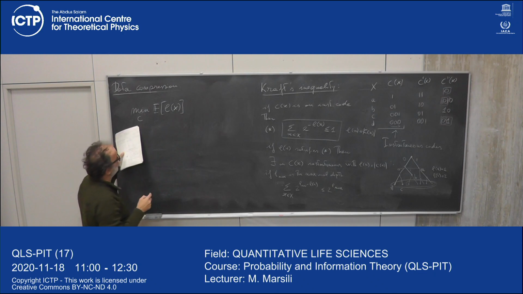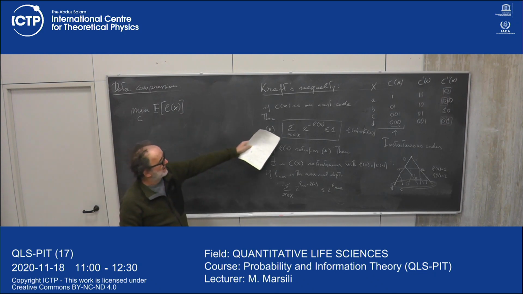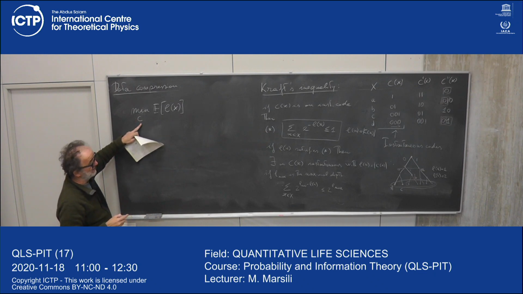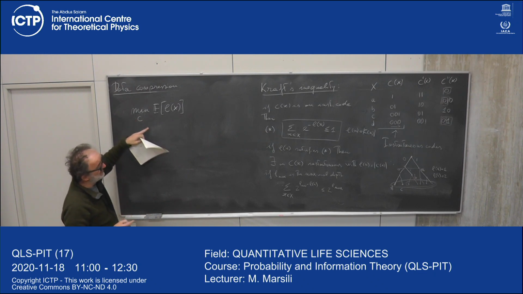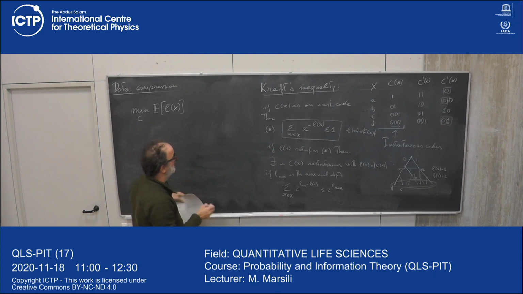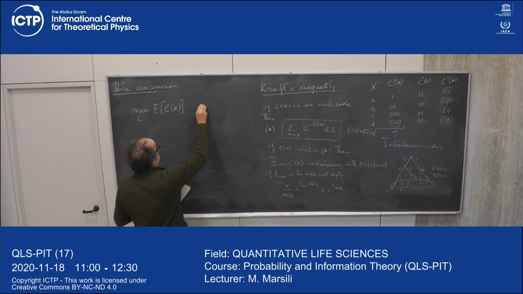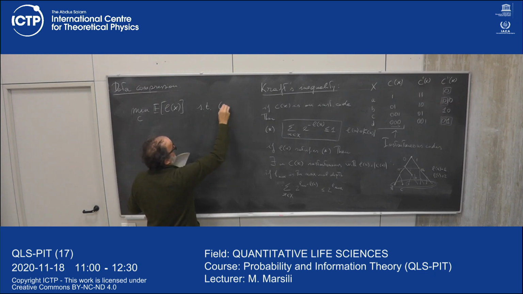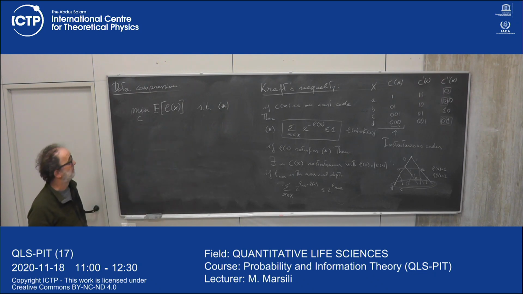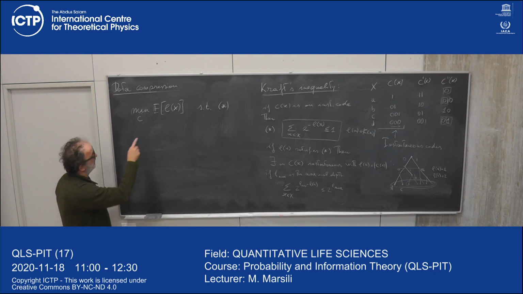But now we know that we want to minimize over all instantaneous codes. So we know that all instantaneous codes are all the codes that satisfy this inequality. So we want to do this minimization subject to Kraft inequality. Okay, subject to that condition. Okay, so how do we do this?